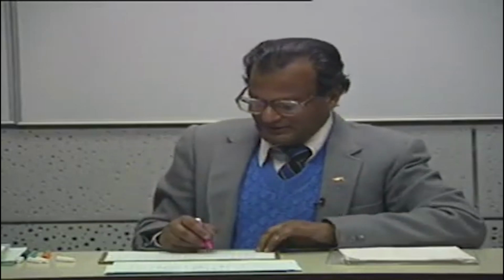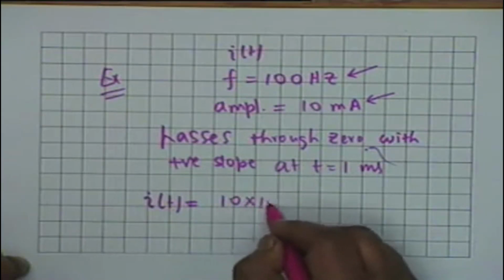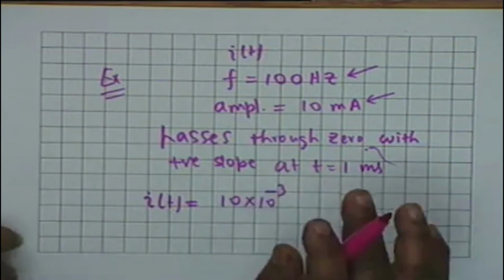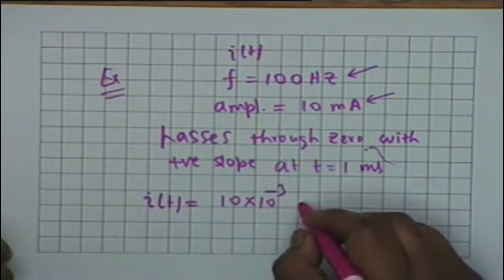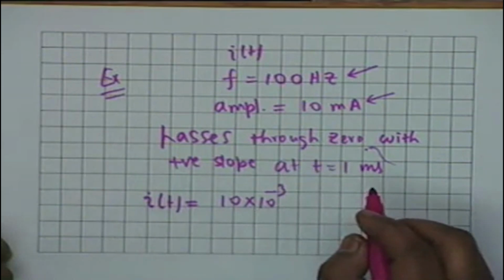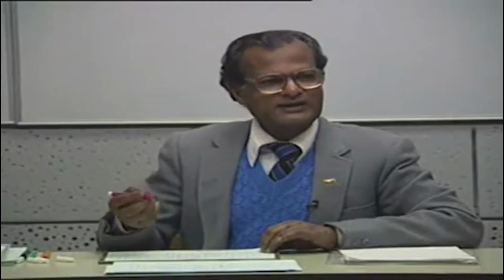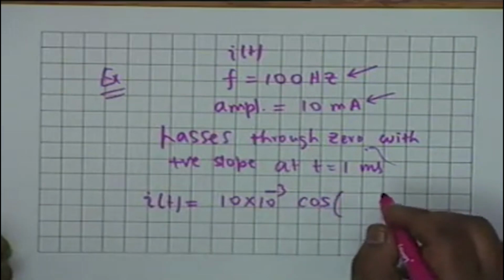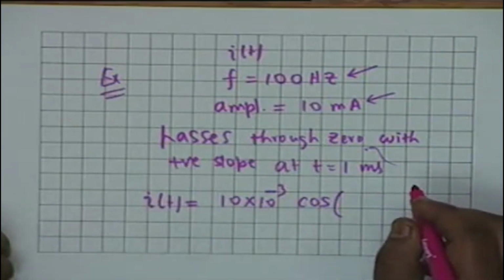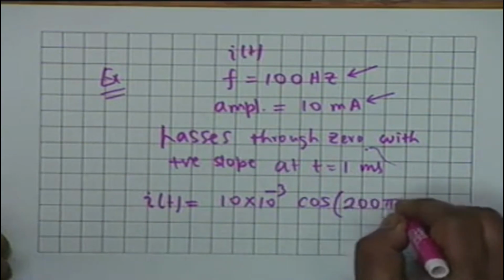Alright. So I can write my I of t as 10 times 10 to the minus 3, always normalized, always in terms of SI, 10 milliampere. Then would you use a sine or a cosine? We have not been asked, we have not been told, so we can use anything we like. Let's say we use a cosine. Cosine of omega t, omega is now 2 pi times 100, which is 200 pi t.